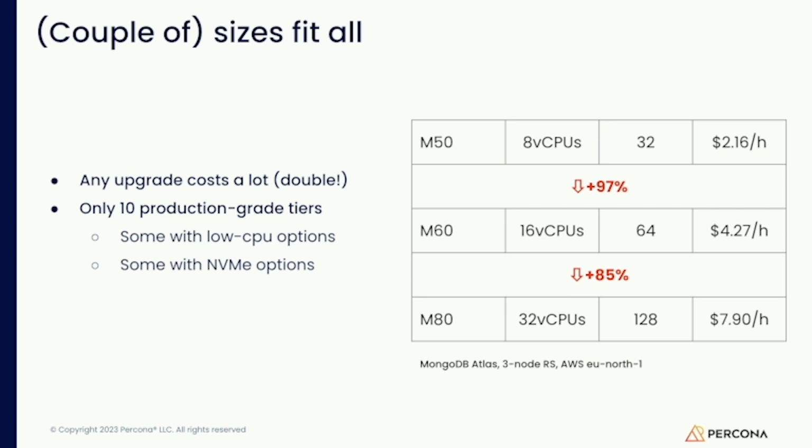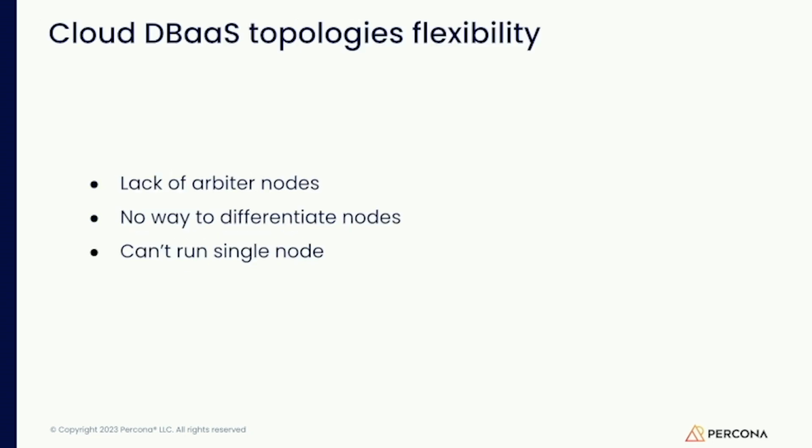But in general, the rule is that whatever jump you make, the next step costs pretty much double, right? So it's really, really expensive to just add a little bit of memory, because this little bit is actually double, and you need to pay for that, right? So from the M50 tier to M60, you have almost 100%. There's no M70, for those of you who don't know MongoDB Atlas. From M60, you go to M80, and this is, again, 85%. So this is really a trap from that perspective as well.